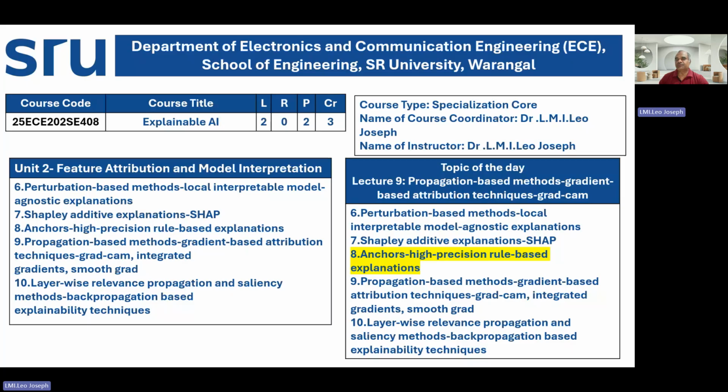So how is it different from LIME and SHAP? What is its contribution towards ensuring precision in its decision-making principles, and how is it going to explain the results in a very trustworthy manner? That is all we are going to see in this lecture series.